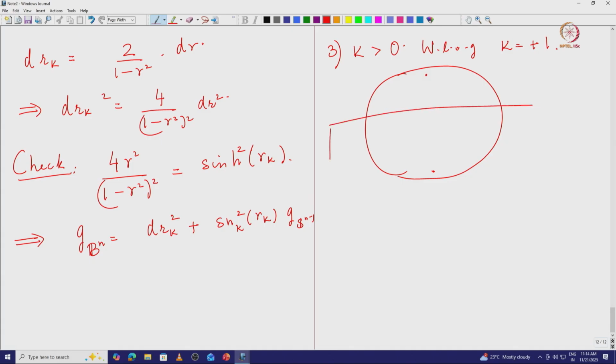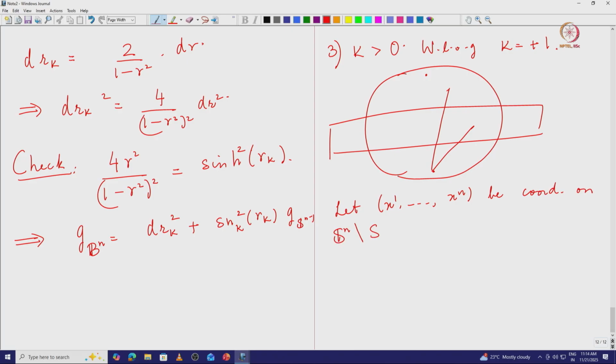So let x1 through xn be coordinates on Sn minus the south pole obtained by stereographic projection from the south pole.